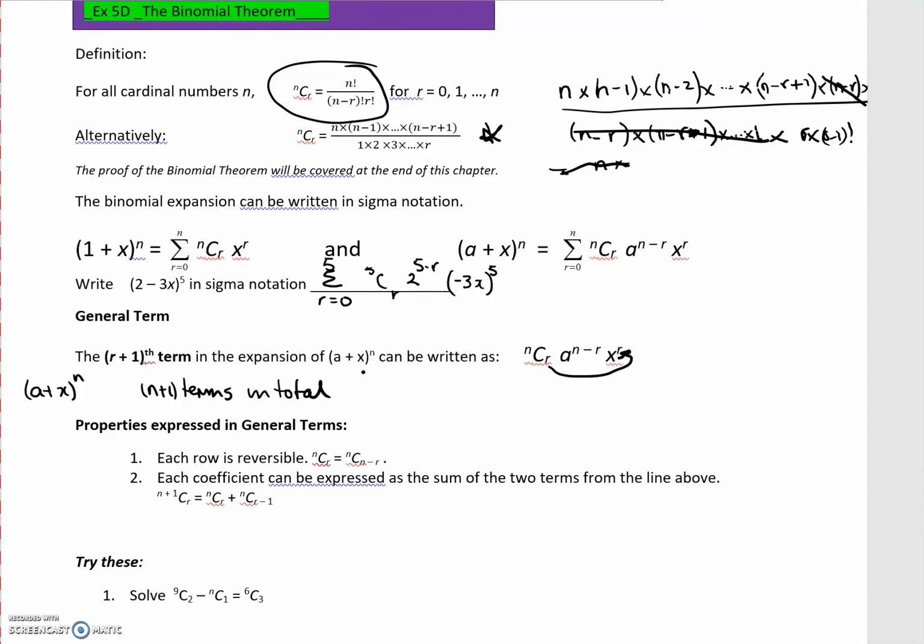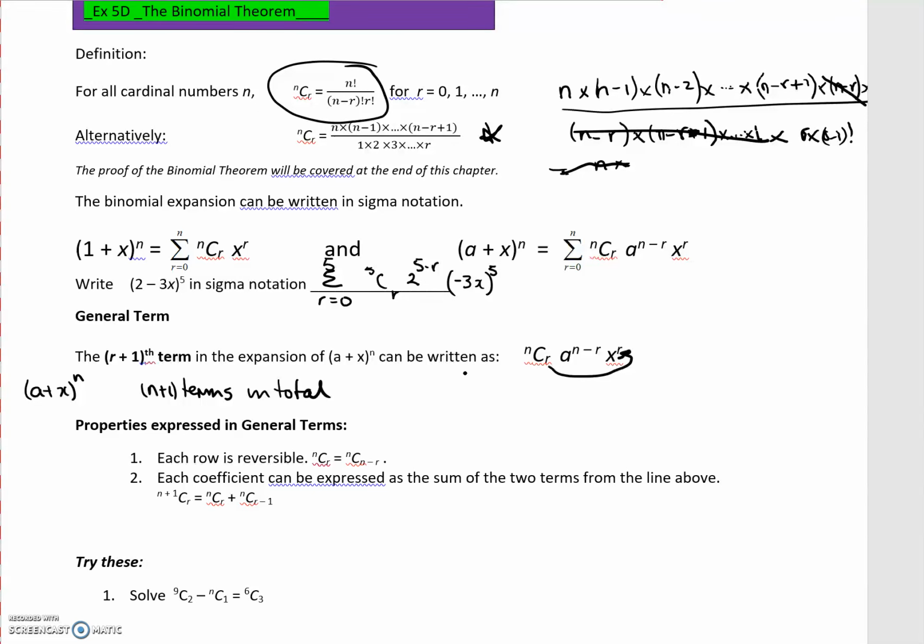No, the 4th coefficient would have a component of nC3, because remember we start at nC0. We start counting from 0. So try to be aware of that in all of these questions you do, because it will provide a good foundation for moving into the next concept.